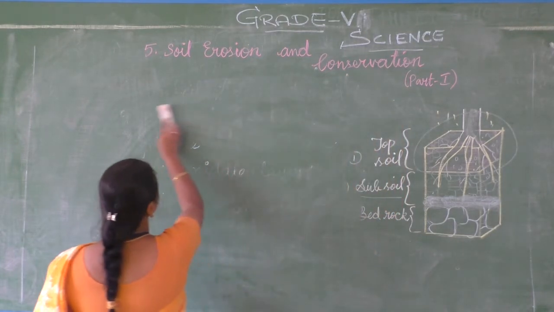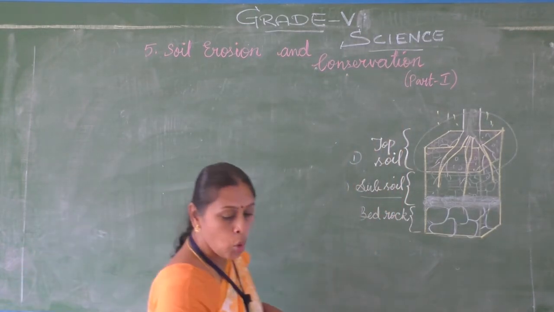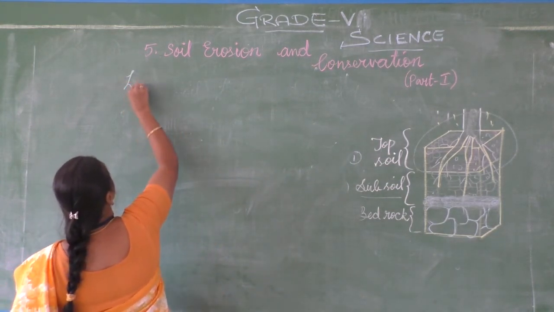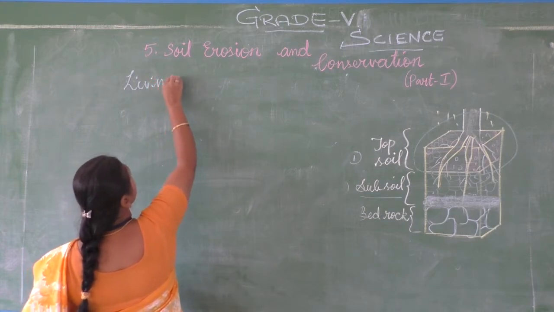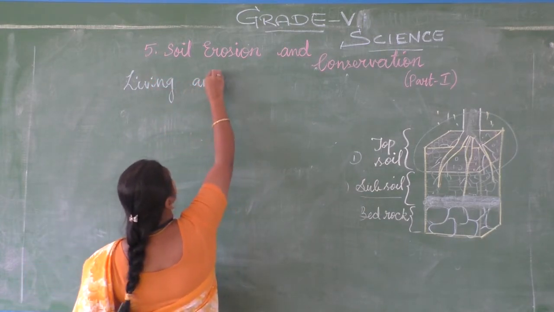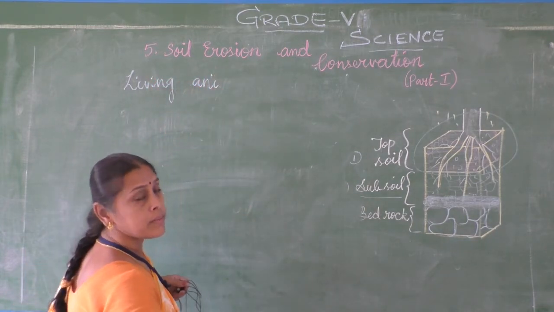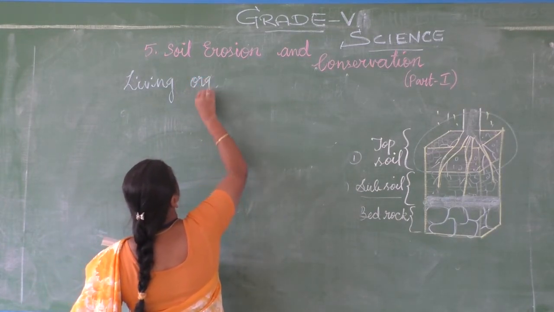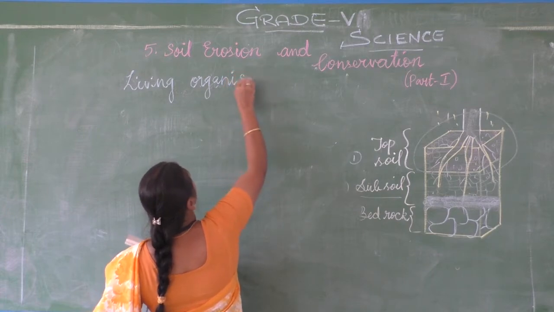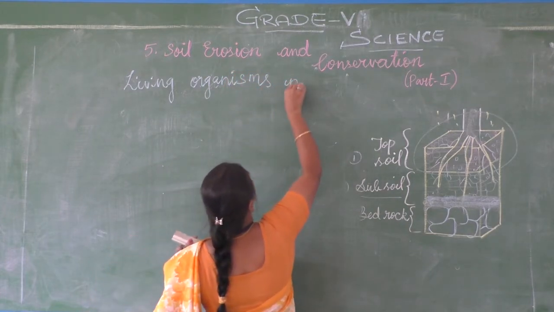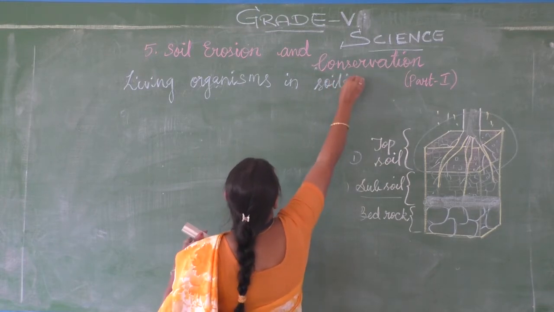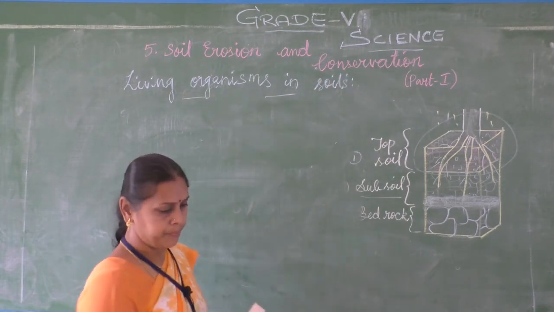So in the beginning itself we discussed that so many living organisms, including we the human beings and many animals and plants, live in soil. So now we are going to discuss about the living organisms in soil. What living organisms will be seen.